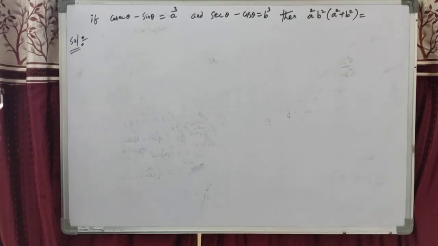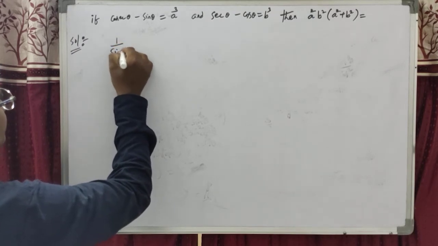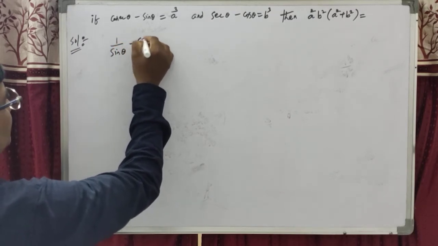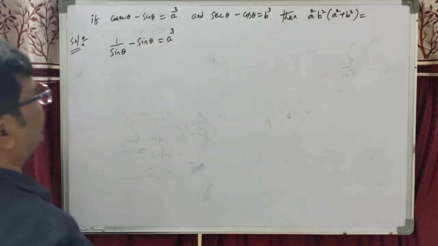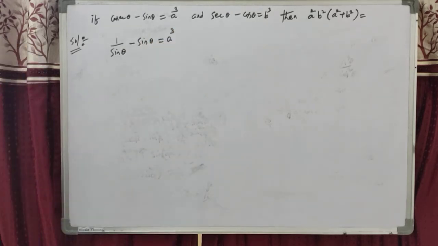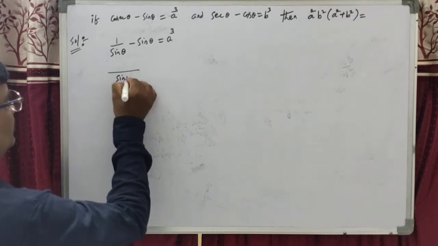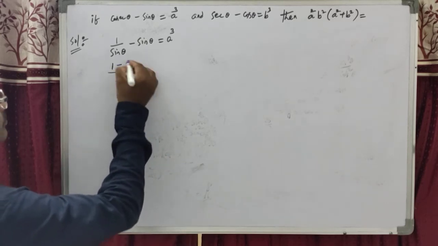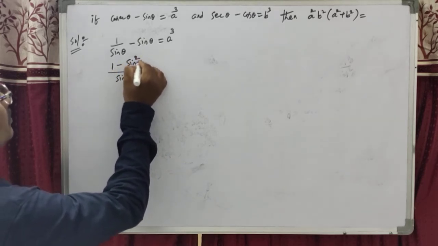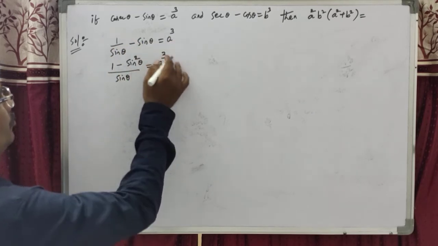Dear students, cosecant theta minus sin theta. We know that, students, cosecant is the reciprocal of sine, minus sin theta equal to a cube. Okay students, after we take the LCM it is 1 minus sin square theta upon sin theta equal to a cube.